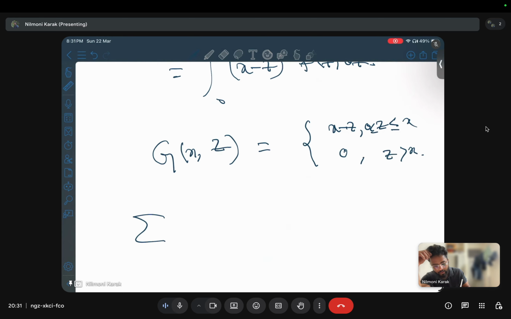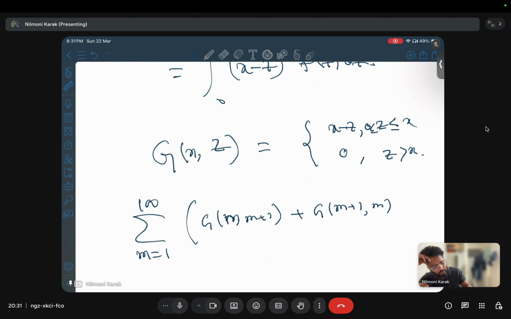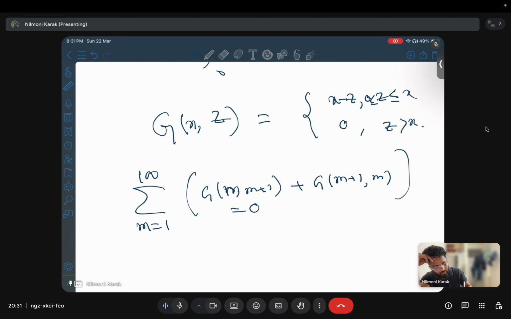Now the sum, m equals 1 to 100, of g(m, m plus 1) plus g(m plus 1, m): the first term is always 0 because z is greater than x, so m plus 1 is greater than m.